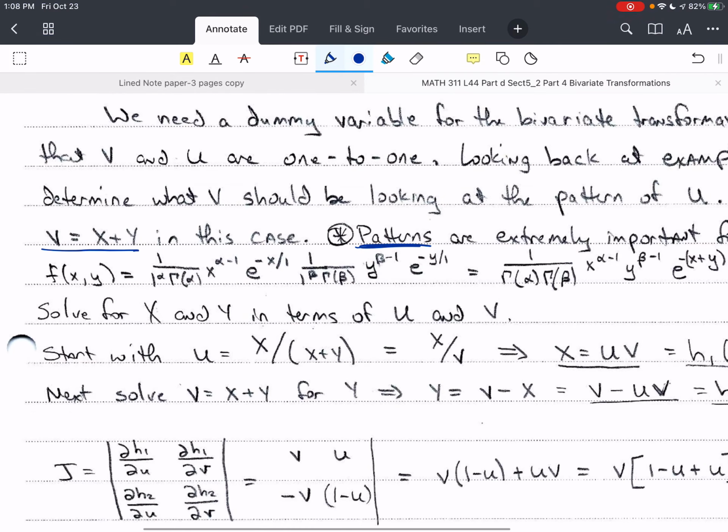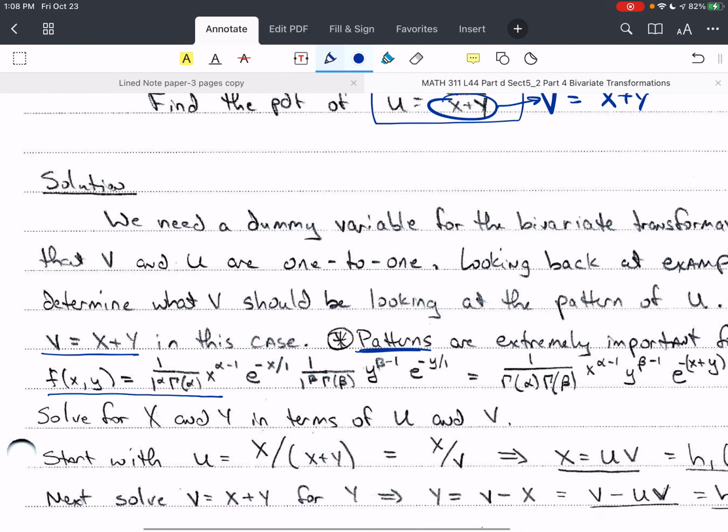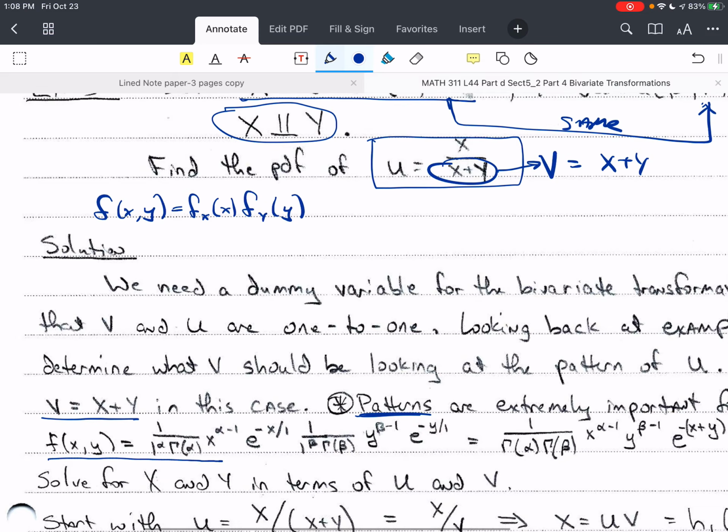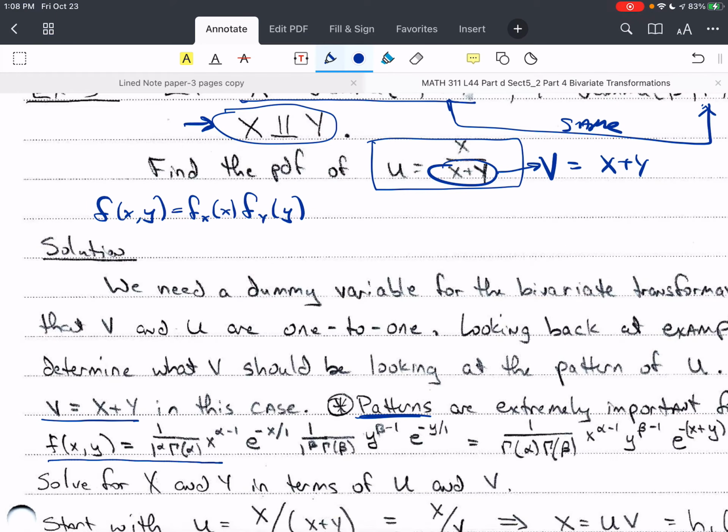Okay. So I can write the joint PDF because they're independent. Then I know that f of x, y is equal to the marginal of X times the marginal of Y because they are independent. And f of x is equal to, remember that this is 1 over, we'll call it theta, to the alpha, gamma of alpha, x to the alpha minus 1, e to the negative x over theta.